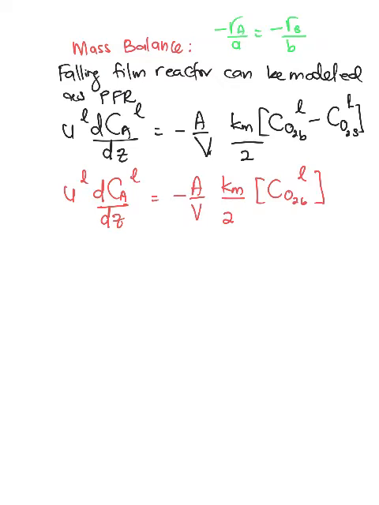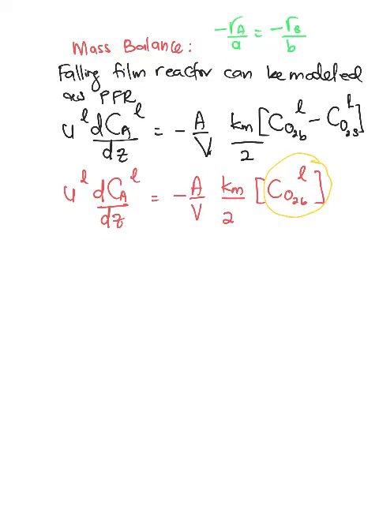Okay, so now we look into the terms one by one, especially A over V. Concentration, I will show the easiest first. Concentration of oxygen in the liquid phase you can calculate from Henry's law constant.